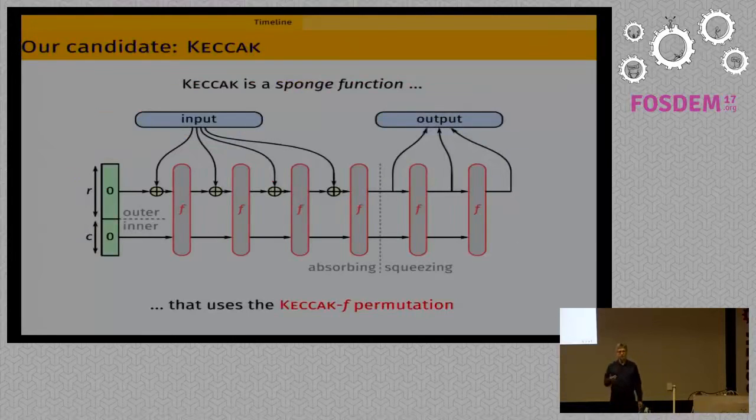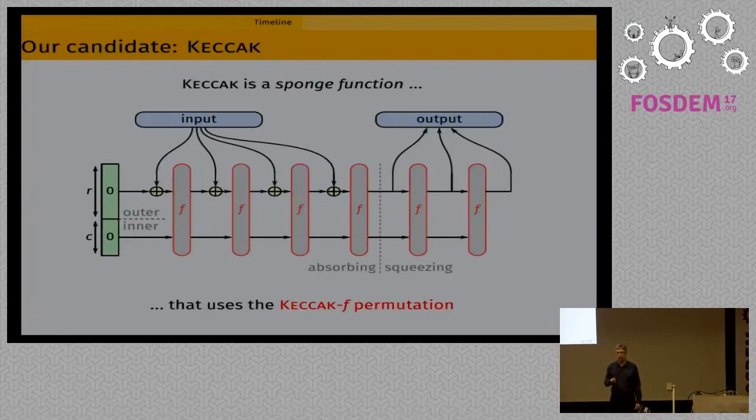So our candidate was Keccak. Keccak is a sponge function, which is somehow the generalization of a hash function. It works like in this drawing. There is a state which is initialized to 0, and then the input is cut into blocks. These blocks are processed one after the other, and between these blocks there is this permutation f.